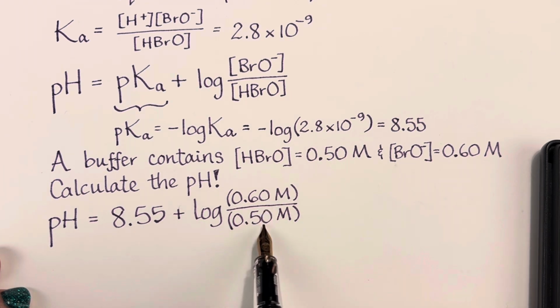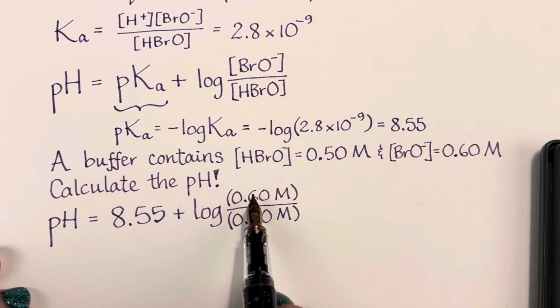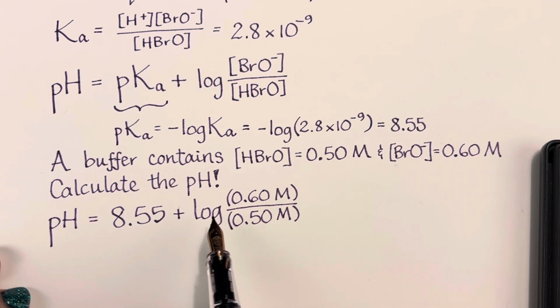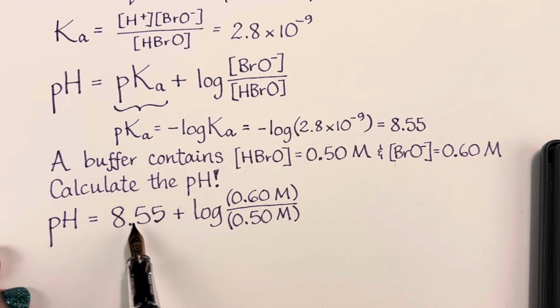And it would be true if we had more acid. We would have a larger value in the denominator. This ratio would be less than 1. Base 10 log of a value less than 1 is a negative number, and the pH would go down. It'd be more acidic.